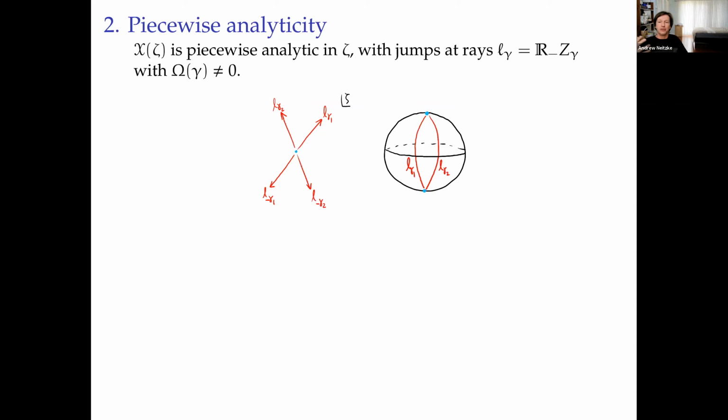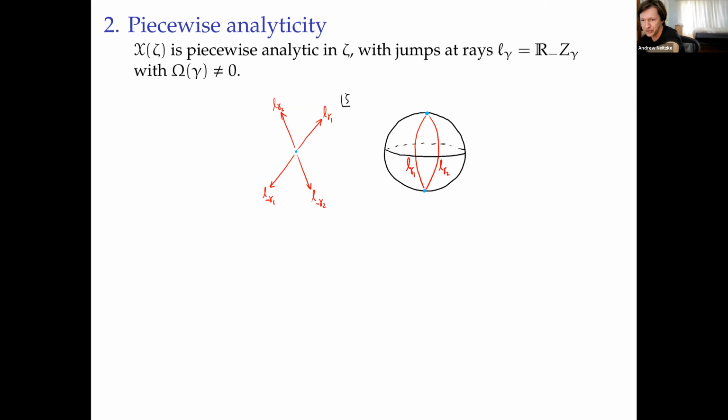So I showed you an example earlier, this A1, A2 example, where there were only 4 non-zero invariants. Omega was supported in 4 places. And in that case, the functions which we build would be analytic away from 4 rays. This is a picture of what those 4 rays might look like. Their angle is determined by this Z gamma. So the angle of the ray is just the argument of Z gamma.